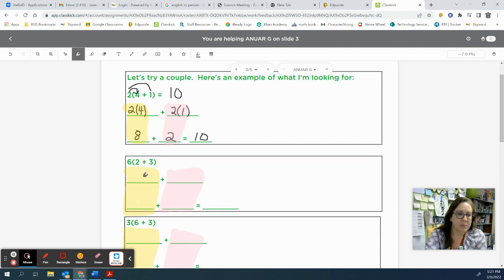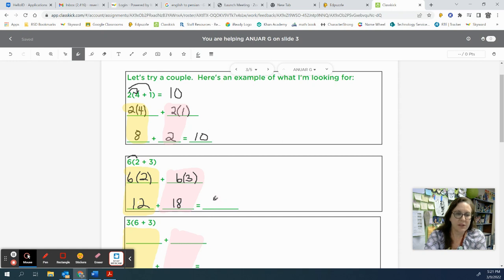All right, so here we are coming back. So we're going to start by saying 2 times 6. We're distributing that 6 to all parts of the group. 6 times 2 plus 6 times 3. All right, so 6 times 2 is 12. 6 times 3 is 18.